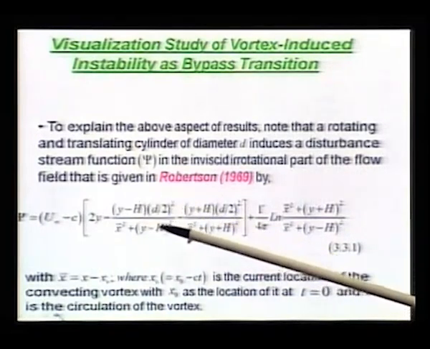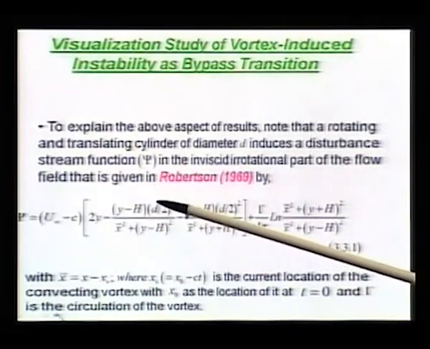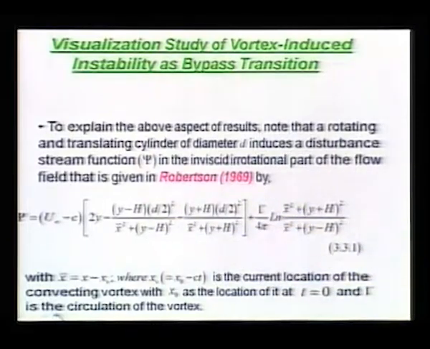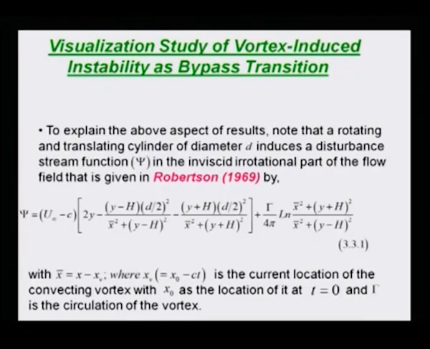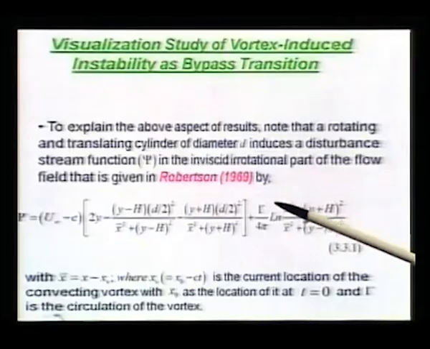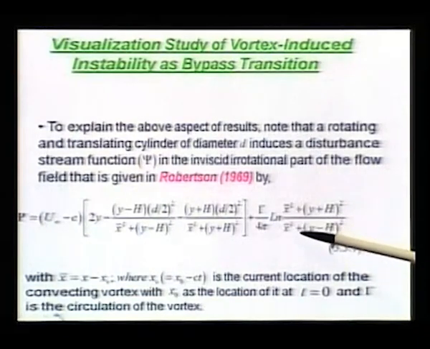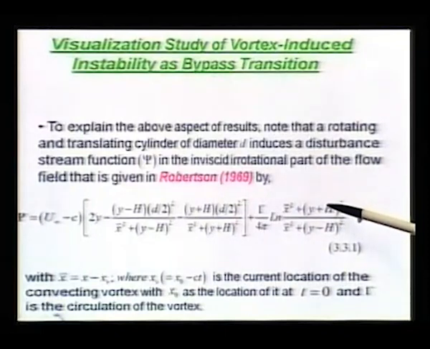So, this is due to the actual doublet, and this is its reflection. The same way you have a vortex captive with the cylinder that creates this circulatory effect, and you can see again the numerator and denominator respectively give you the image and the original.